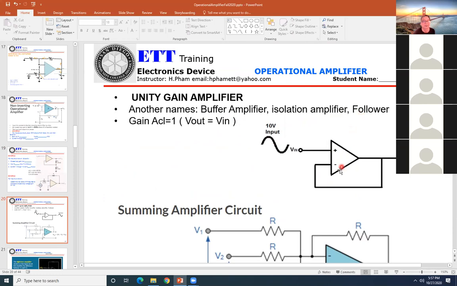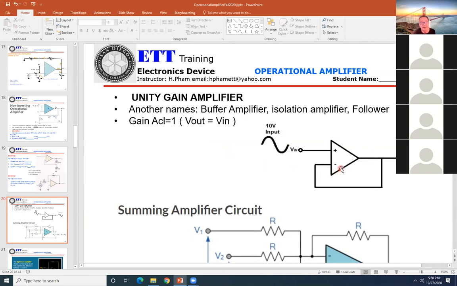Okay, what is the gain for this amplifier? One. The input is 10, the output is 10. You don't have any resistor here. Gain equals 1. Output and input will be the same.